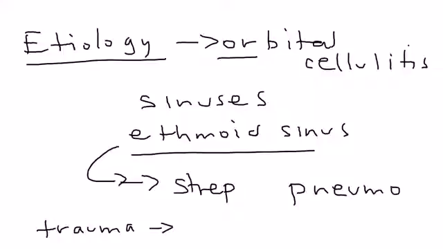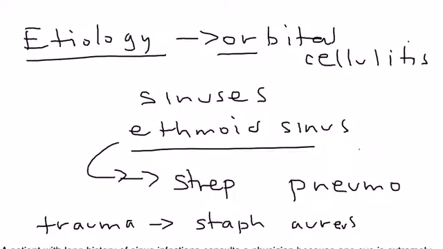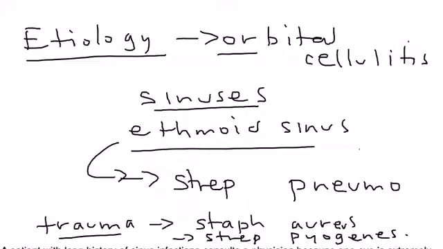Now, there's another reason you can get orbital cellulitis, and that is trauma. If there's any trauma and an infection arises from the trauma, the bugs are different. The bugs are either Staph aureus or Strep pyogenes. So those are the two big reasons. You can either have a local trauma that causes an infection, or you can have a sinus infection that leads to orbital cellulitis.